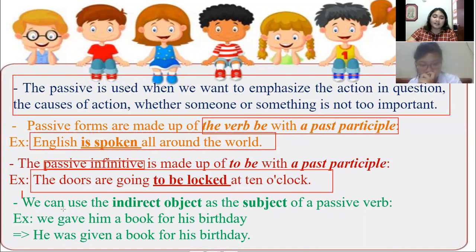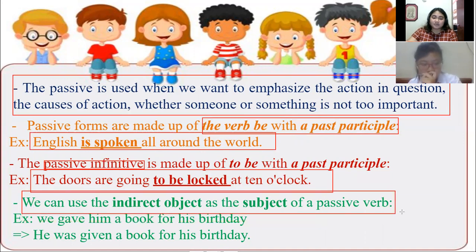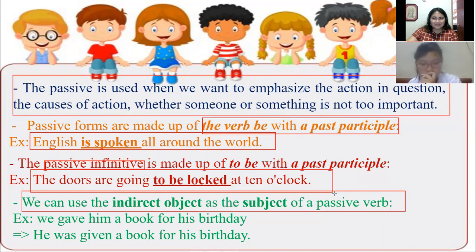And for another one, please read this. We can make the indirect object the subject of a passive verb. So for example, he. Who is the subject or the object? He is the object and at the same time the subject.